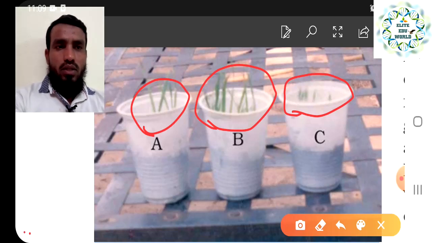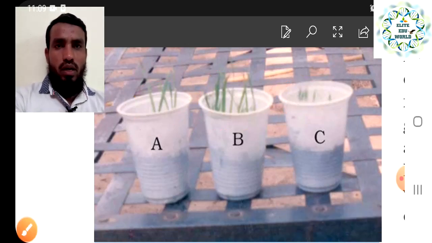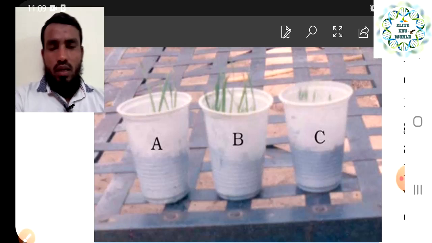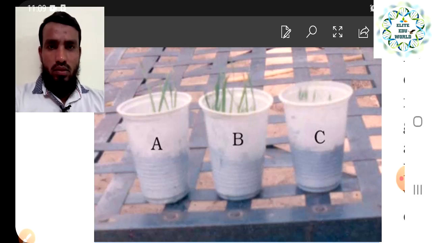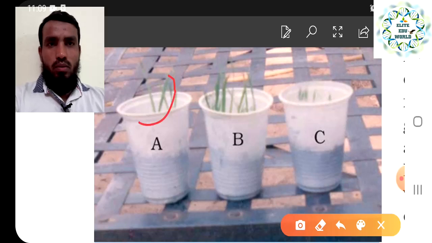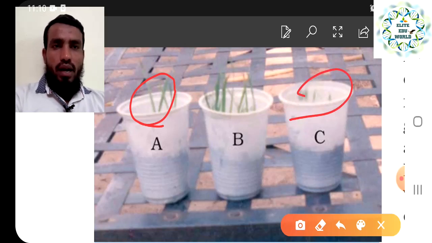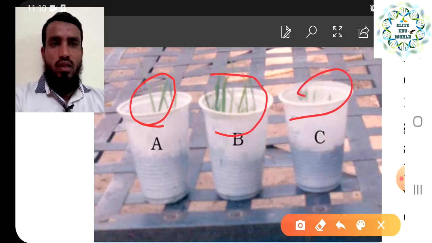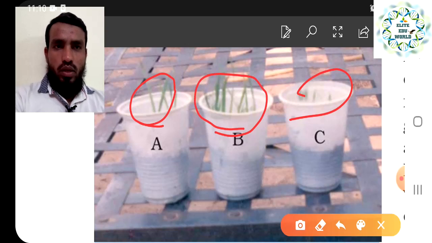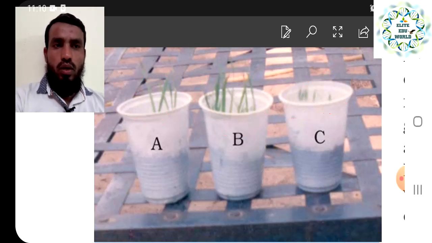What we have to understand from this activity is that while using manures there will be growth, but less growth compared to adding artificial fertilizers, that is urea, NPK, which will give you more and more growth.